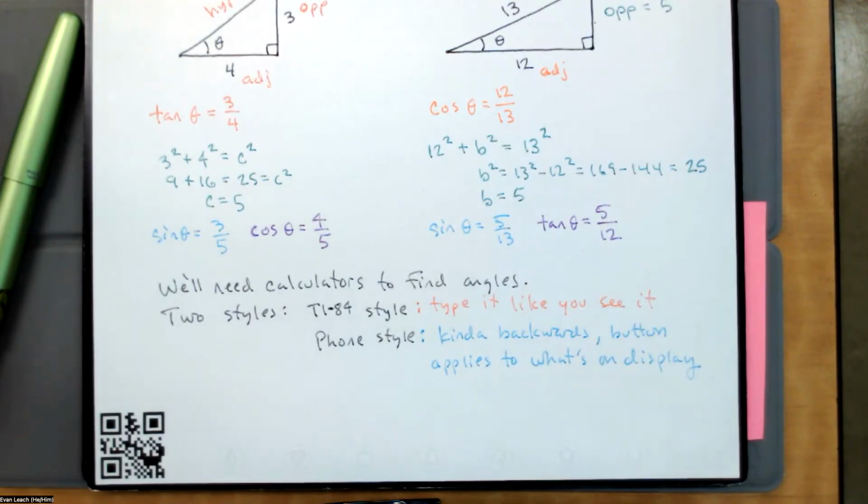Lots of people report that it feels kind of backwards to do it this way because the button applies to whatever's on the display. That's how sine, cosine, and tangent tend to work on your phone application. It all depends on what happens when you press the sine button. So let's press the sine button.